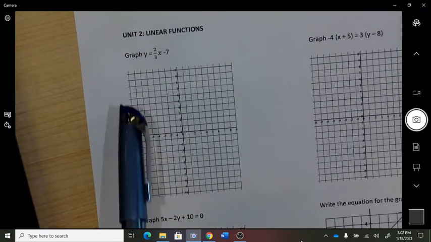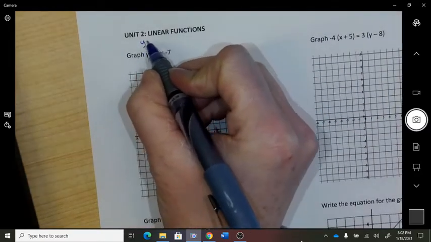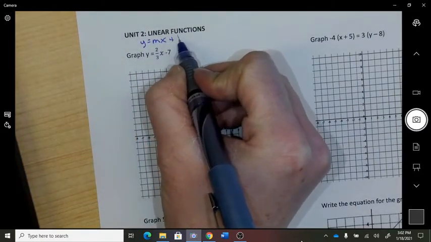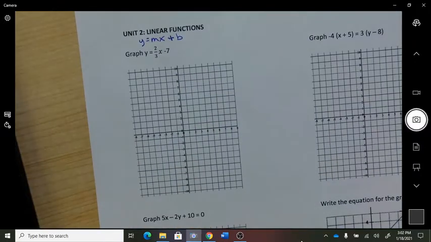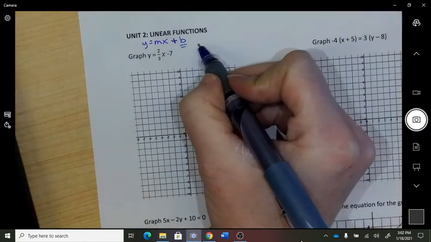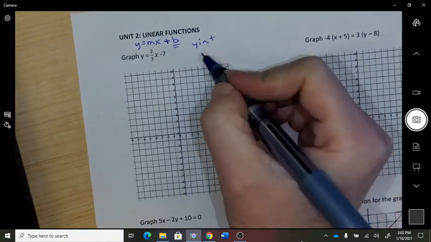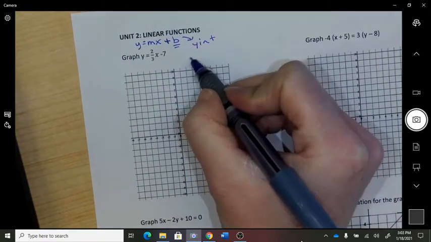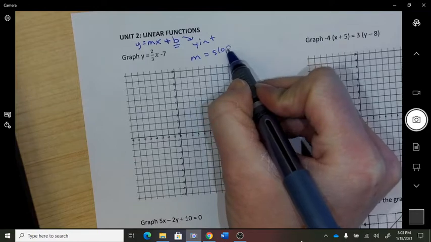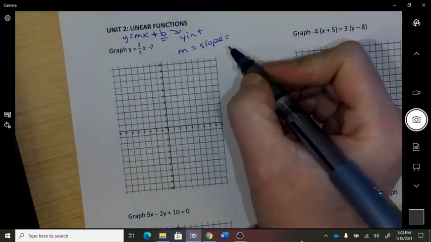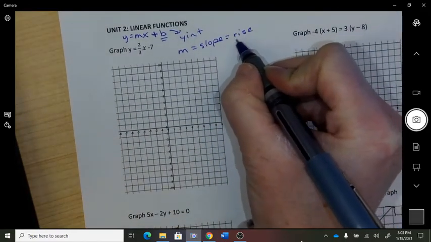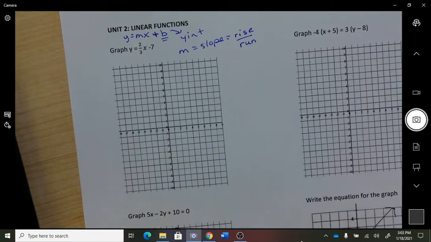Okay, so graphing this line, remember that we have this form, which is called slope-intercept form, mx plus b, and b represents your y-intercept, and the m is your slope. As a fraction, we call it the rise over the run.